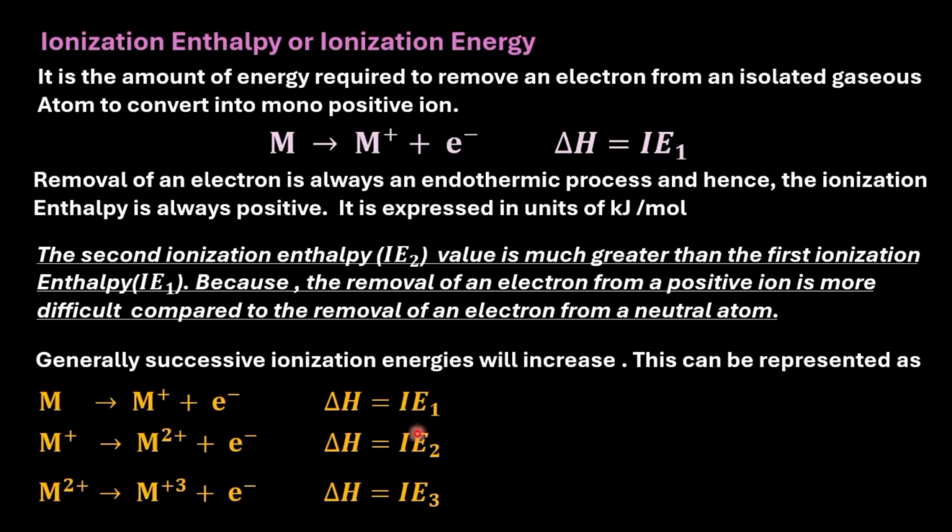So we have shown three ionization enthalpies: IE1, IE2, IE3. Since successive ionization enthalpies increase, the correct order is IE1 is less than IE2 is less than IE3.